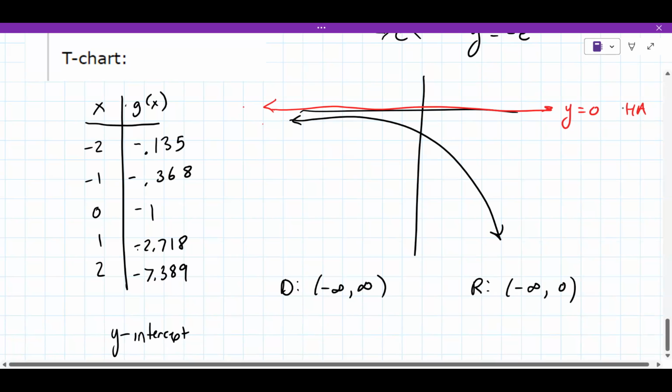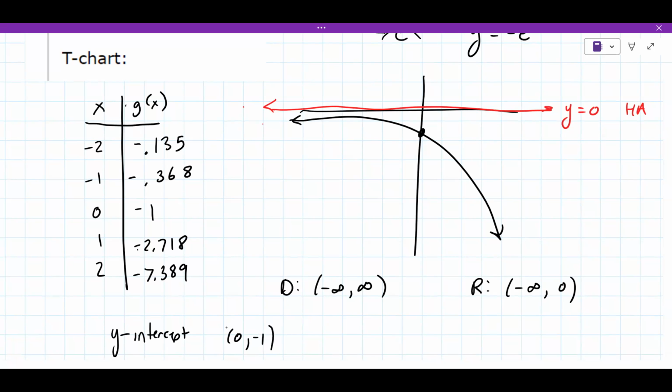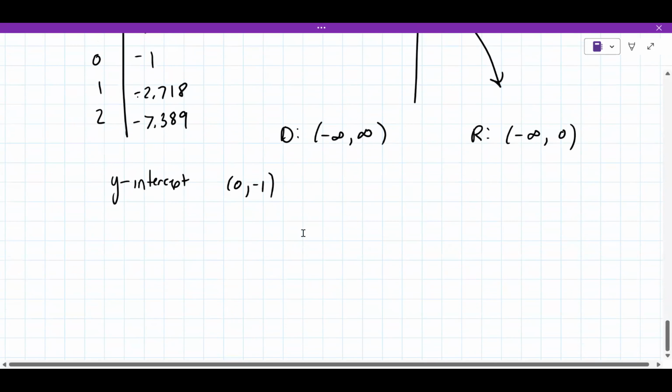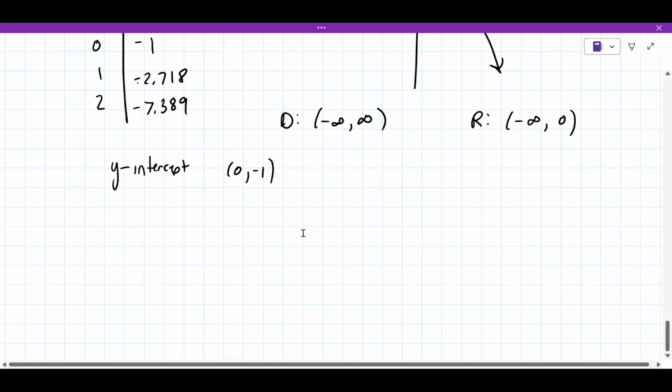You can see that from the table and the graph. It would be (0, -1). Good. And the horizontal asymptote is y equals 0. You'll get to vertical asymptotes in another lesson.